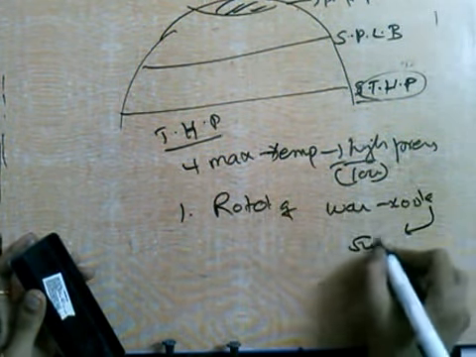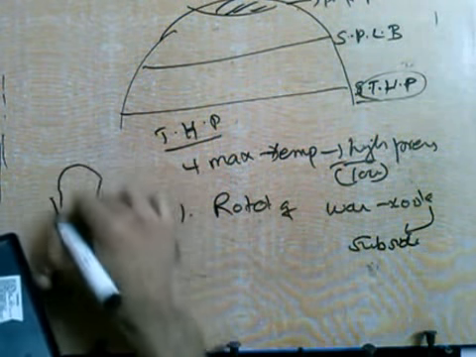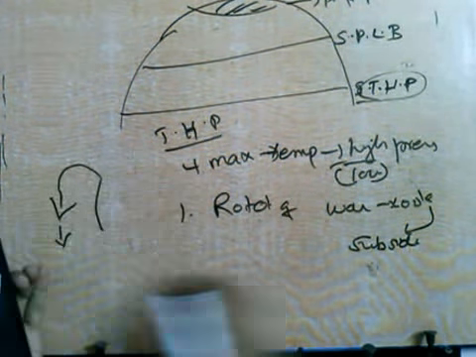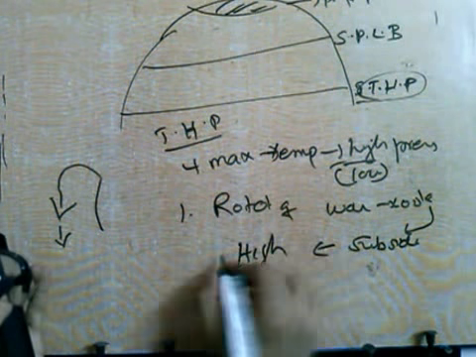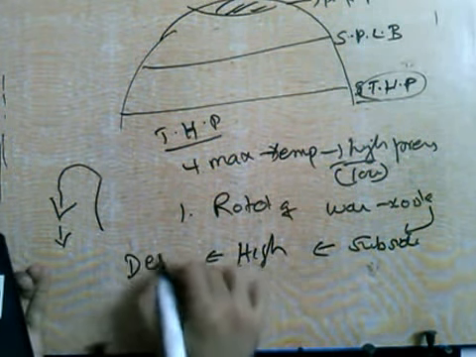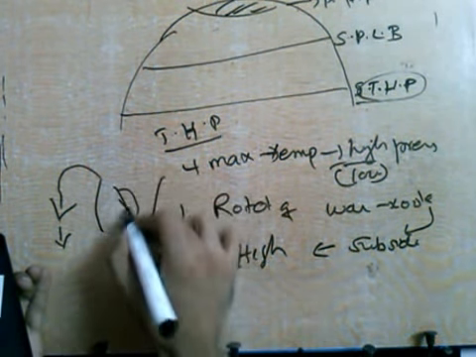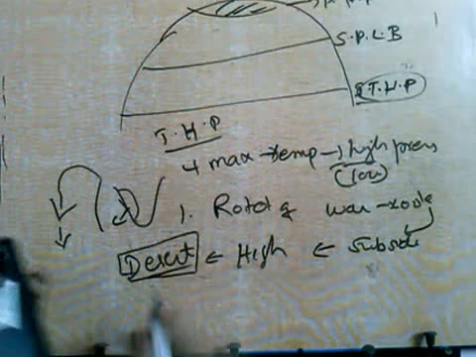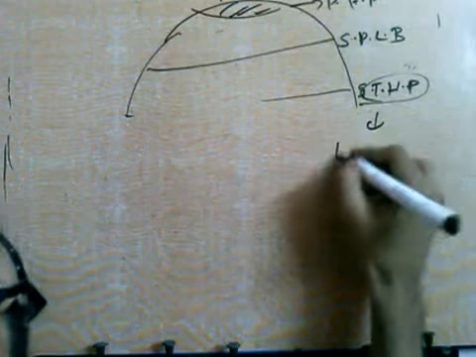So there is subsidence of air: the warm air rises, cools again, and subsides, which results in high pressure. This is the reason deserts form in the tropical region on the western side of the continent. This is one of the reasons why deserts form: the subsidence of air mass. This region is also known as the horse latitudes. Just make a note.